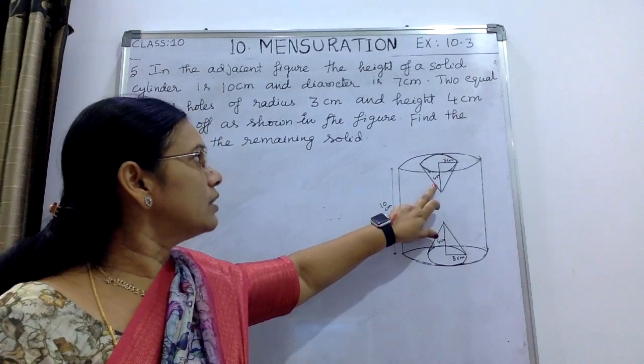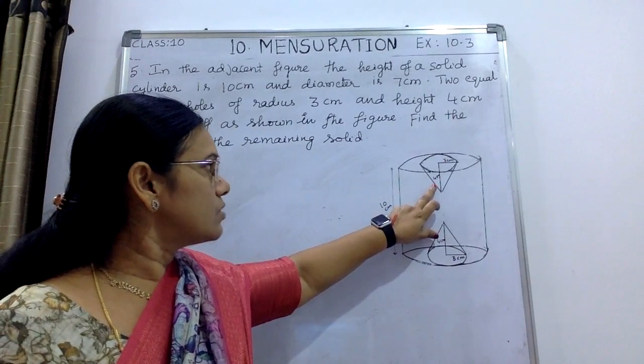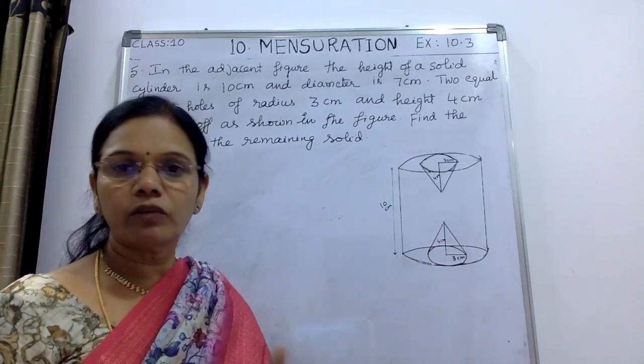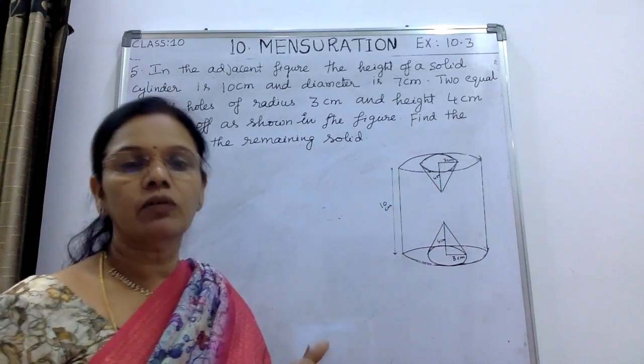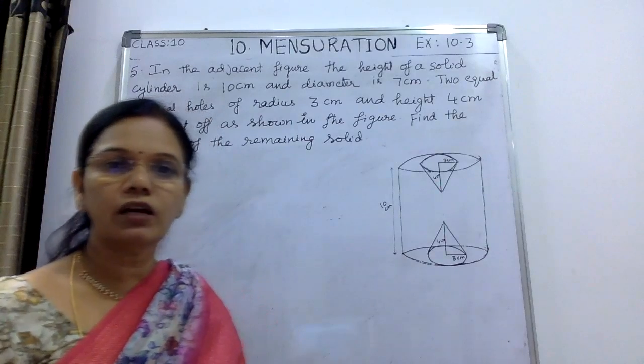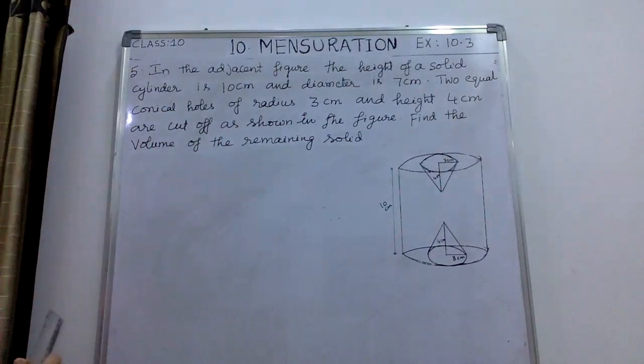After that, to get the volume of the remaining solid, we need to subtract the volume of the conical shapes from the volume of the cylinder. So in this way, we can find out the volume of the remaining solid. Okay, let us start the solution.